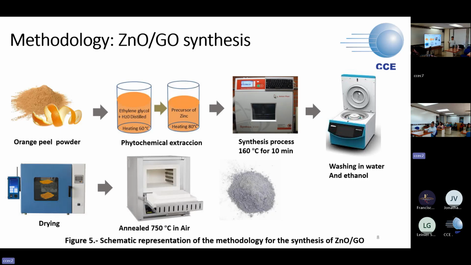The only thing that I took from a previous report is the combination of ethylene glycol and water. In that report, I don't remember if they used zinc acetate, but they used zinc salts and this combination of ethylene glycol and distilled water. They varied the proportions of water and ethylene glycol.